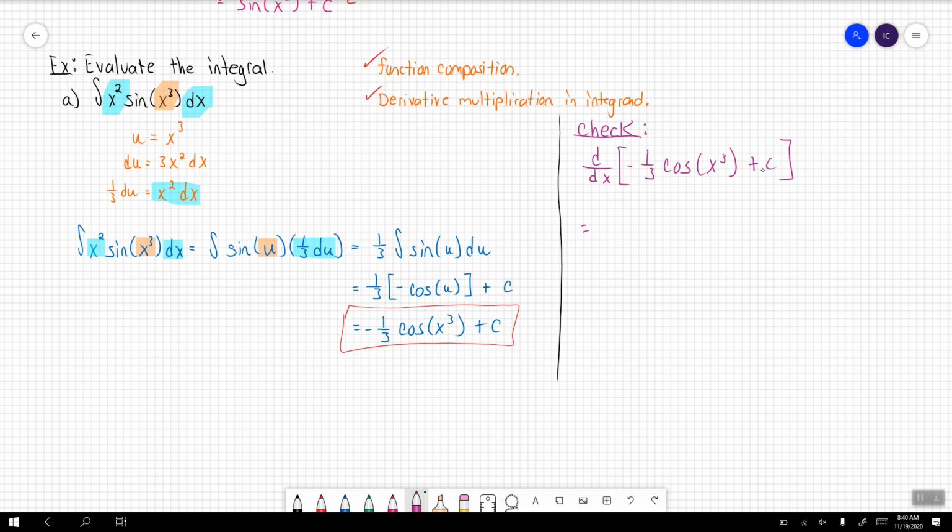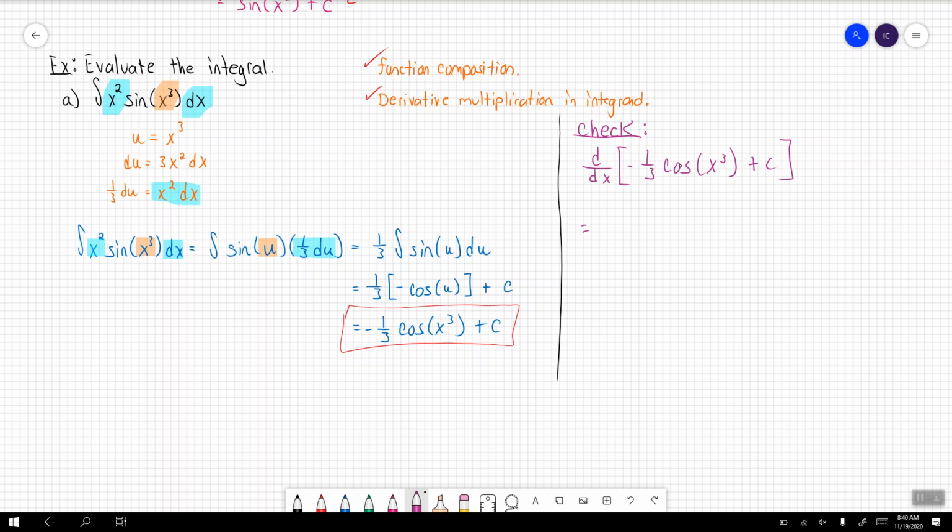The nice part about the plus c is that when we take the derivative of that constant, it's going to go away. So all we really need to know is what's the derivative of negative 1/3 cosine of x cubed? Well, we need the chain rule for this. We take the derivative of the outer function.